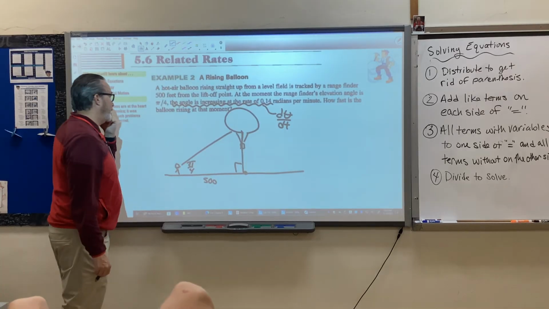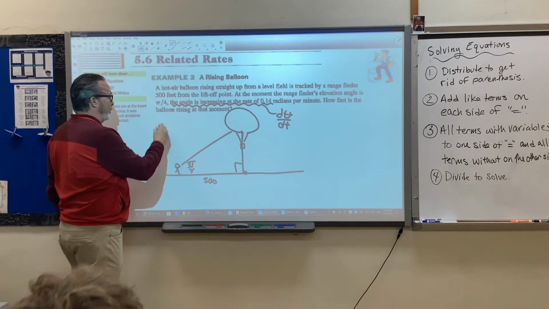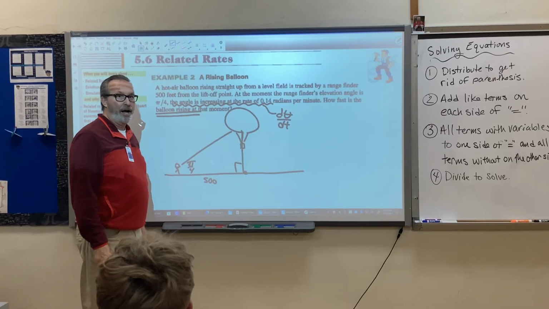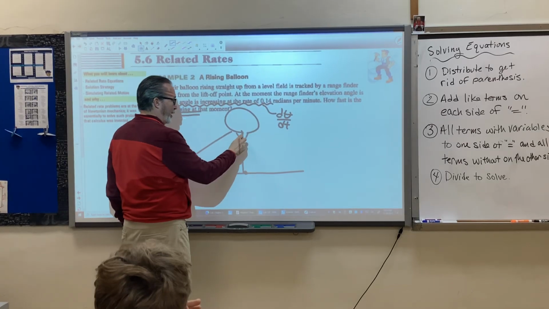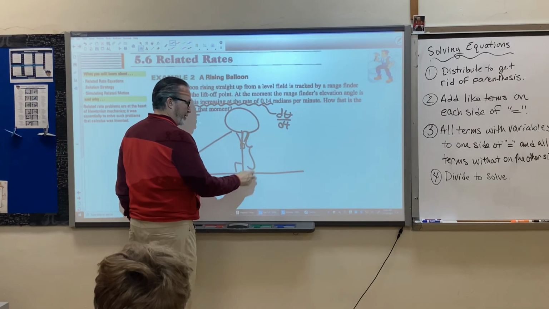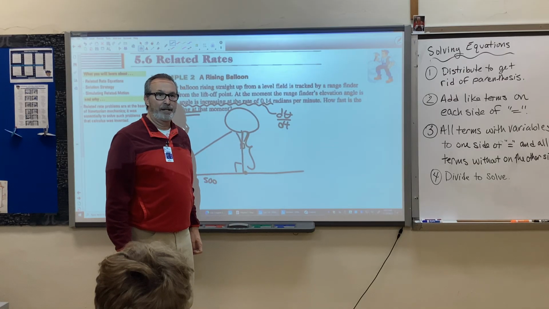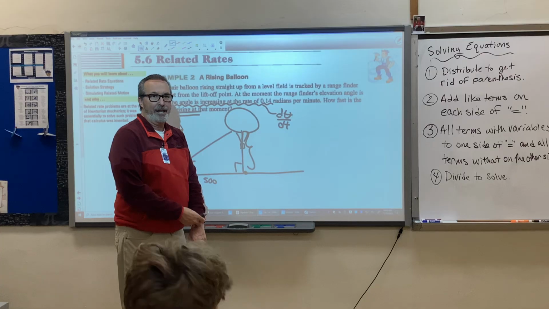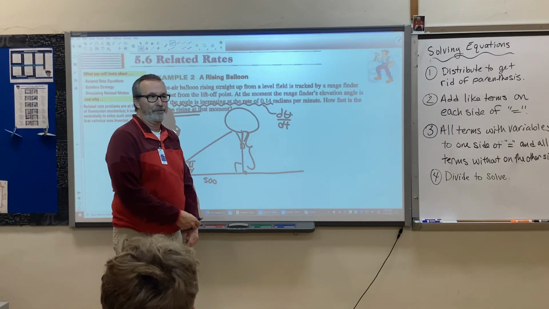How fast is the balloon rising at that moment? What are we looking for? The rate of change of the height. What are you going to use for height? H. That's a good choice if it's a cone.